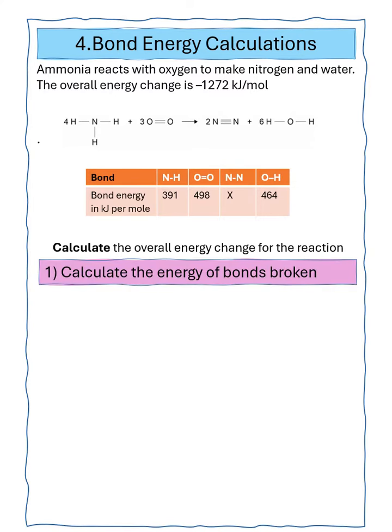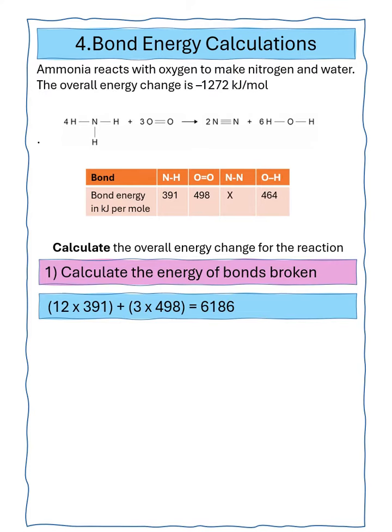First thing we do is calculate the energy of bonds broken. So we've got 12 nitrogen to hydrogen bonds with an energy value of 391, and we've got 3 oxygen to oxygen bonds with an energy value of 498, giving a total energy intake to break the bonds of 6,186.